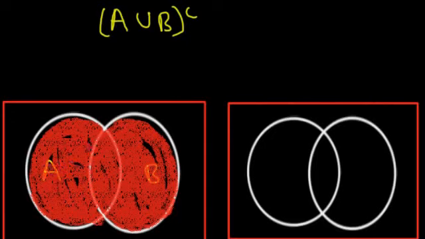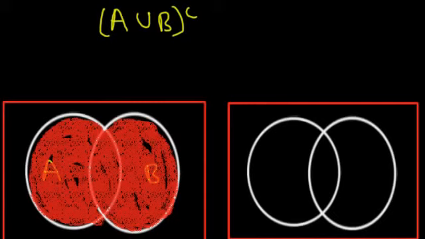Okay, now we have shaded A and B. Can you tell where exactly is not A or B? We have shaded A or B now, that is A union B. So where exactly is not A union B?